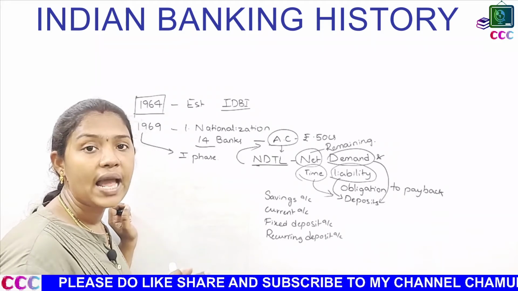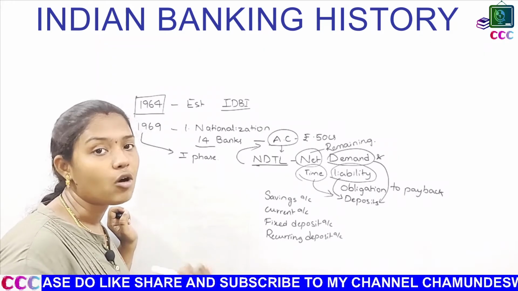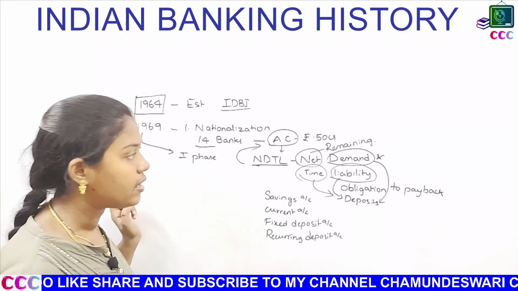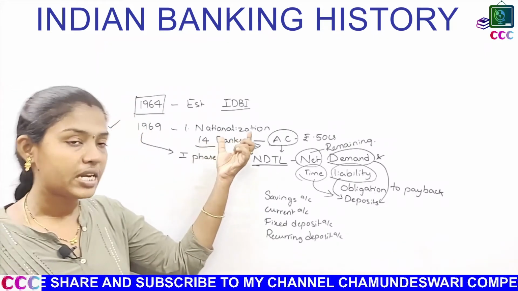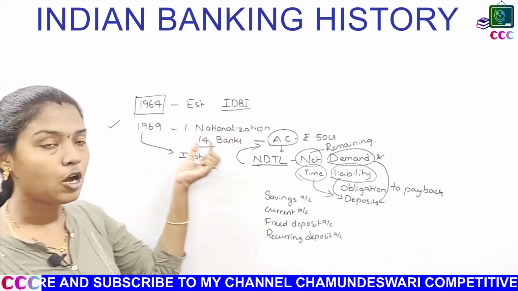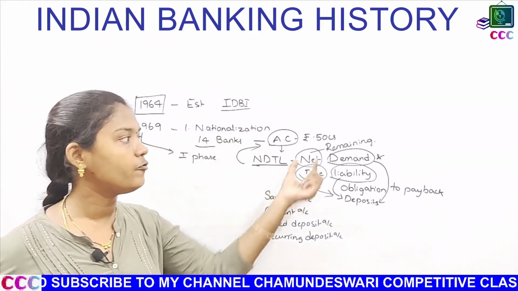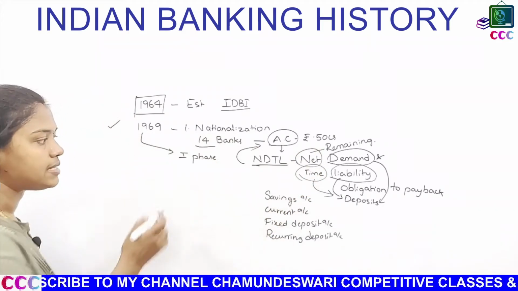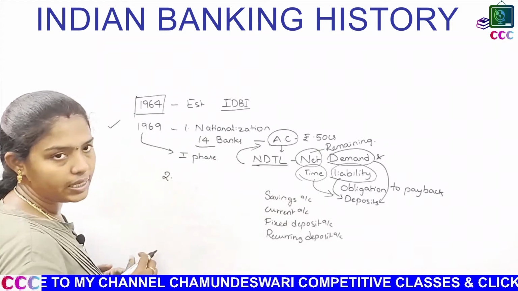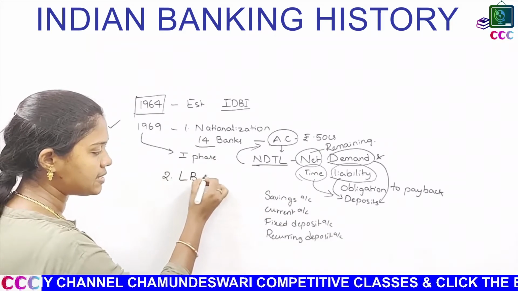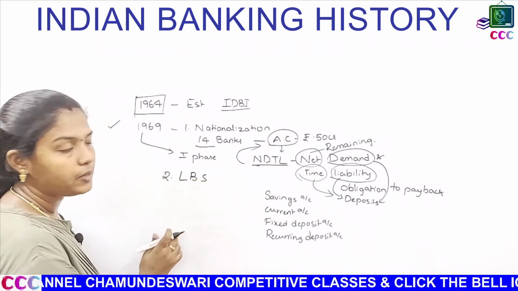SBI will act as an agent of RBI wherever the offices of RBI are not there. Clear until now? Nationalization happened in the year 1969. How many banks? 14 banks. NDTL 50 crores.